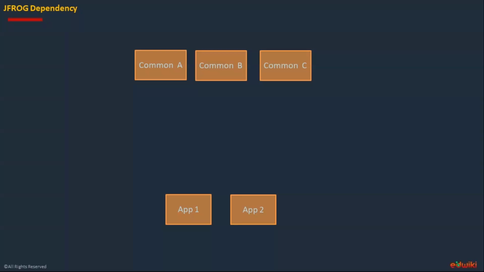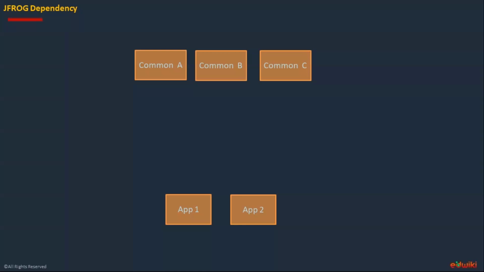So in general, let's say common A, B, C. That means there are three different functionalities that are pretty much the same for most of the applications. Now they are keeping these three dependencies as three different applications altogether.